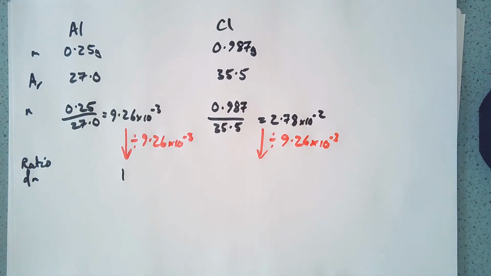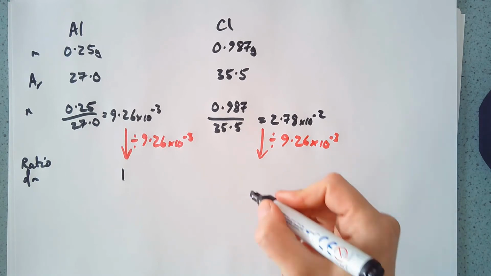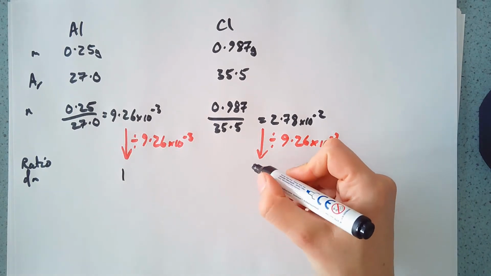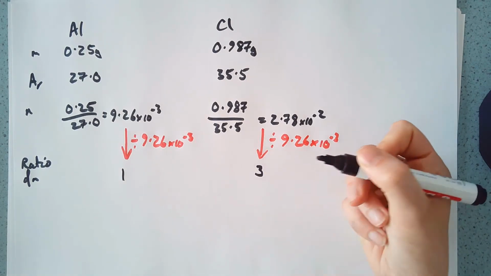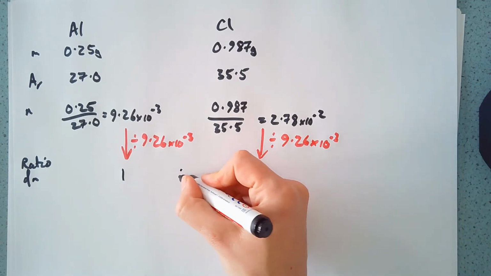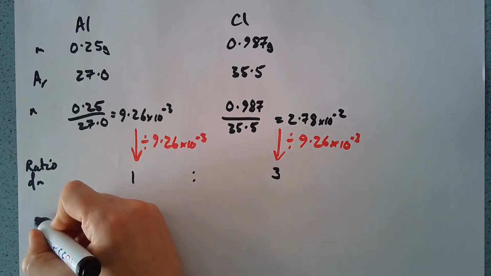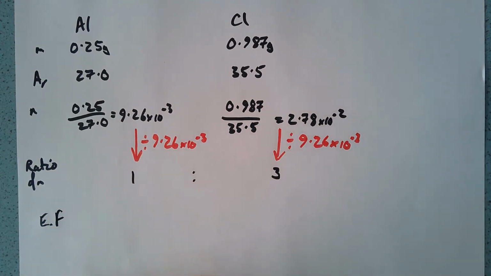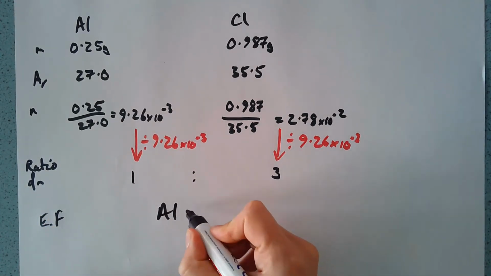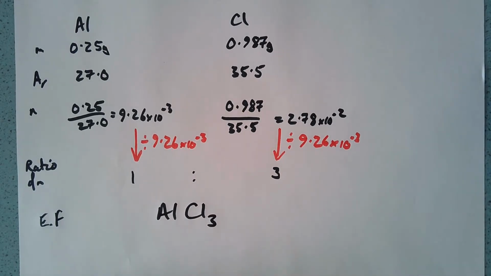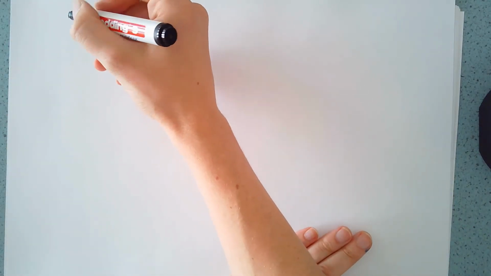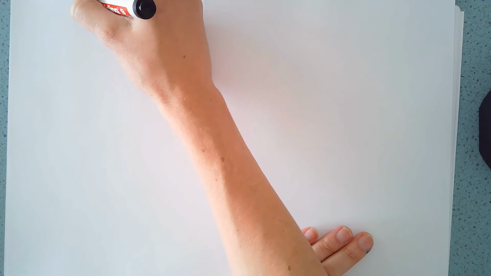And what we find by doing that is that we have a number here which is pretty much 3. We have a ratio of 1 to 3. So our empirical formula would be AlCl3. Sometimes we don't get nice round numbers, we might get some fractions.